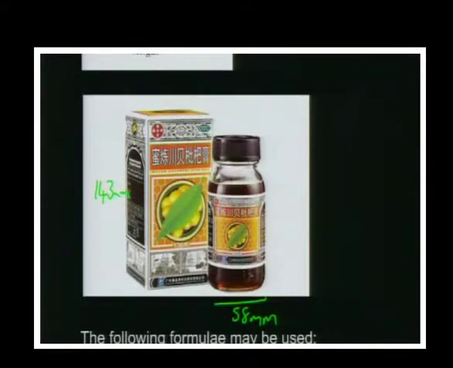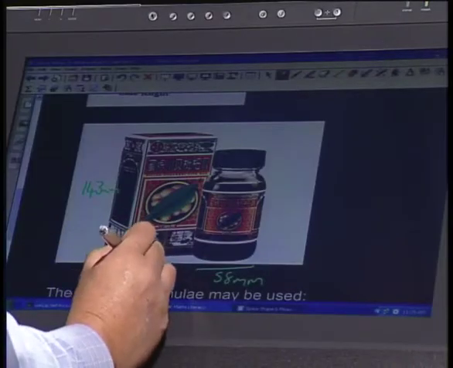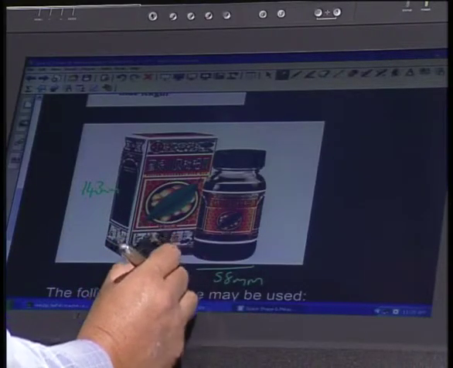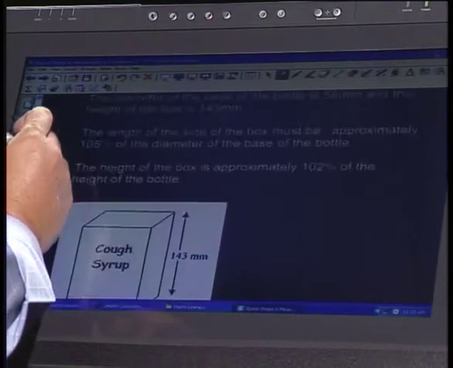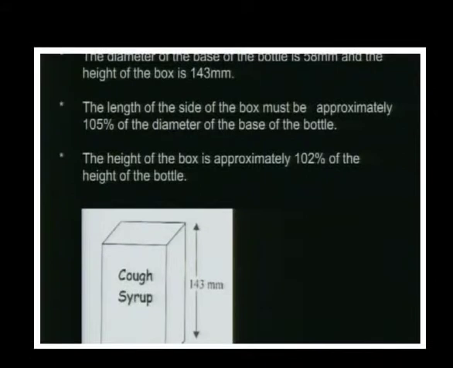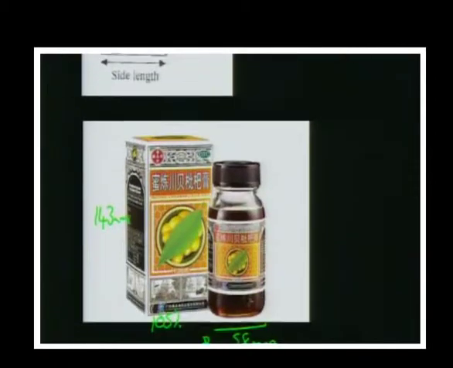So this box must be 105% of 58. Next fact: the height of the box is approximately 102% of the height of the bottle. So the height of the box is 102% of the bottle.